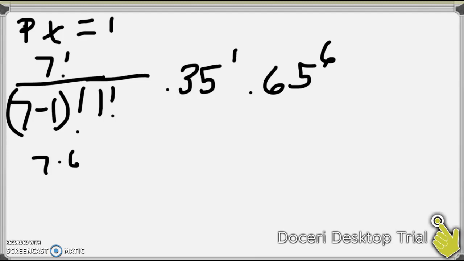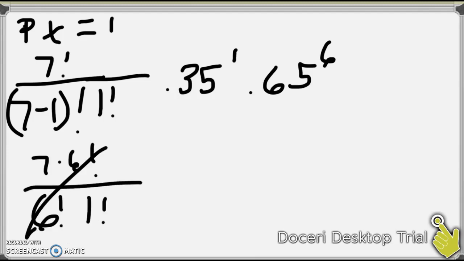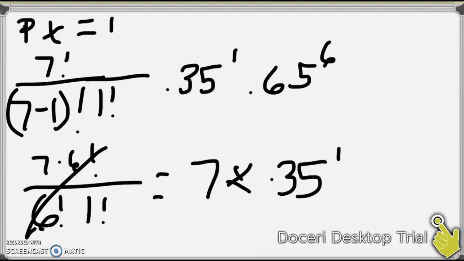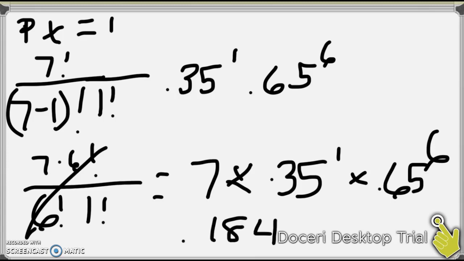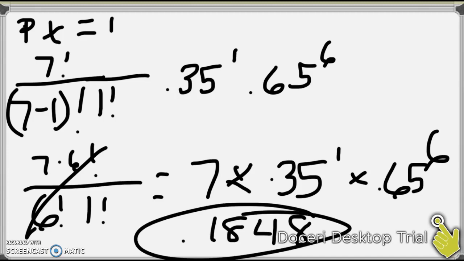So 7 times 6, and then 6 on the bottom would cancel out, and 1 factorial was just 1. So we know 7 divided by 1 is 7, times 0.35 to the first, times 0.65 to the 6. Put that in your calculator, and I believe you get 0.1848. We're rounding to the 4th decimal place. So we're going to come back to 0.1848.